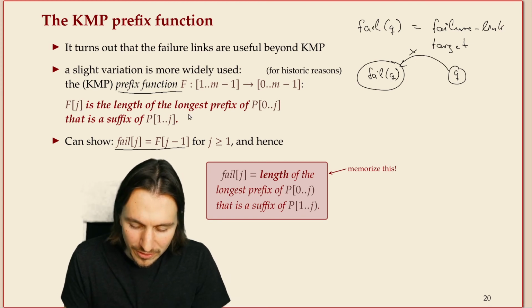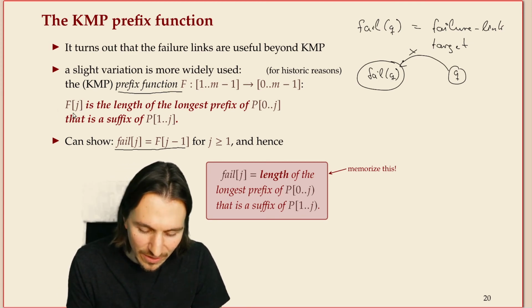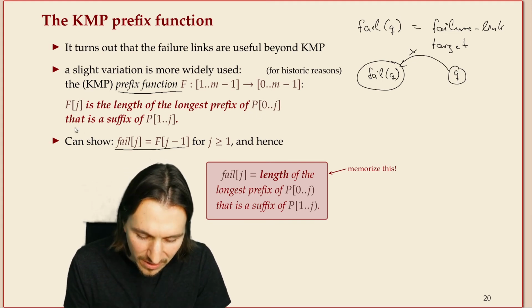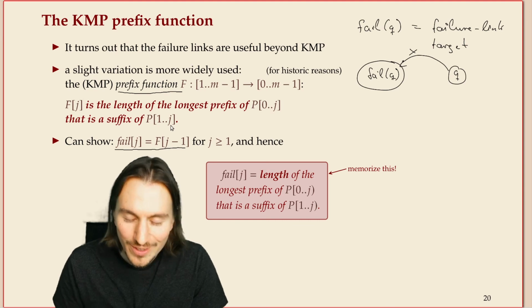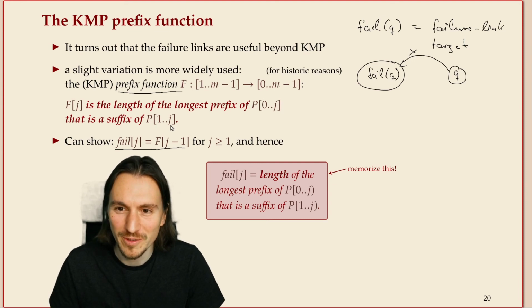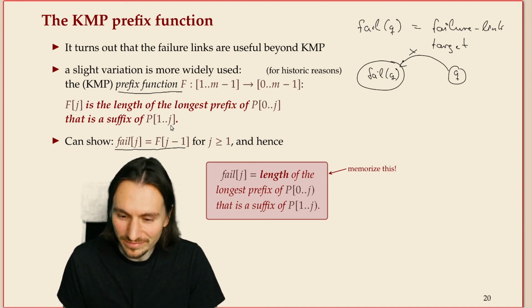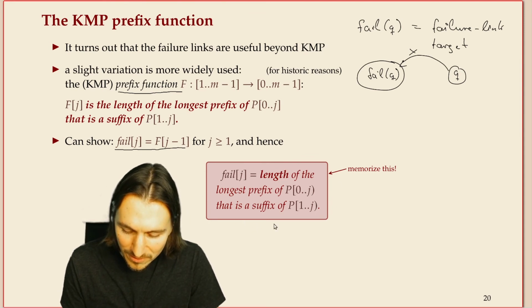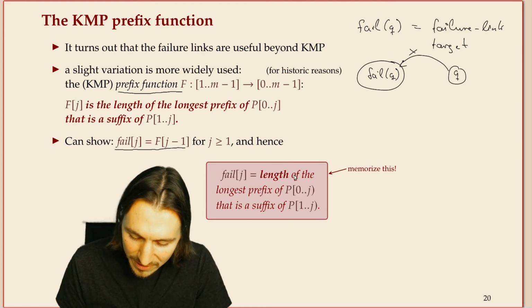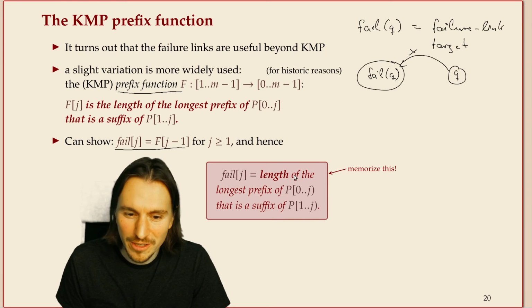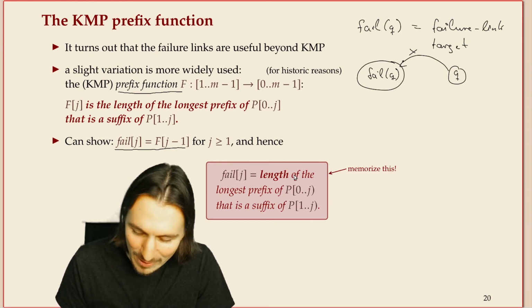The prefix function is defined as the length of the longest prefix of this pattern that is a suffix of the substring, it's the same prefix of the pattern, but with the first character omitted. And if you translate this to our fail function, you get the following property about fail of j. This is really, really useful, and you should definitely memorize this.